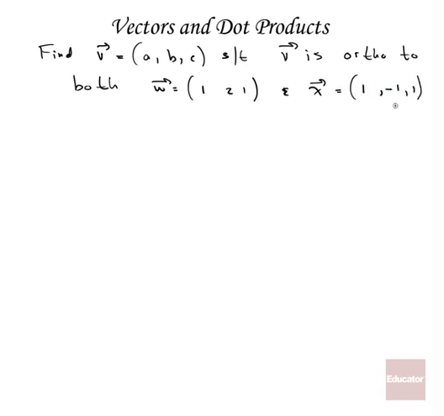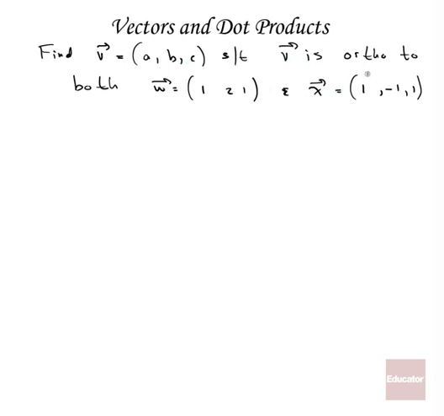In other words, we want to find at least one abc, it doesn't ask for all of them, such that v is orthogonal to both.